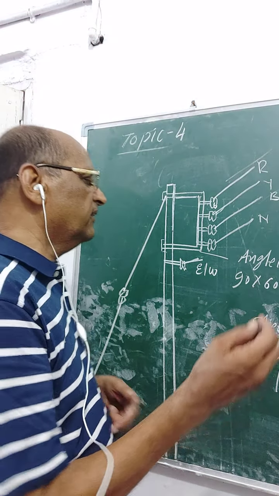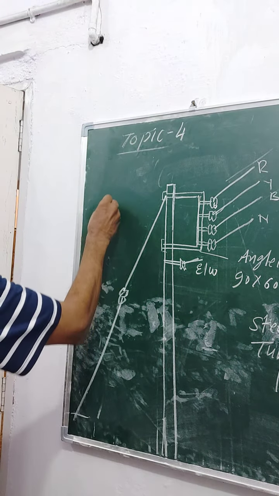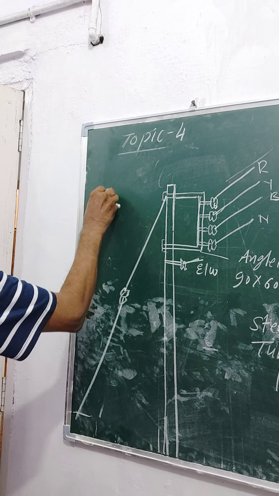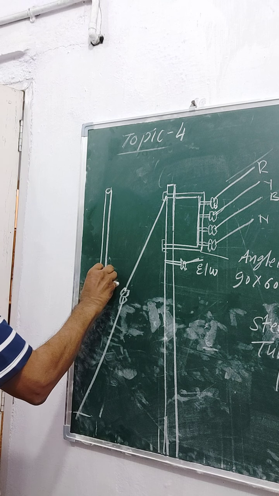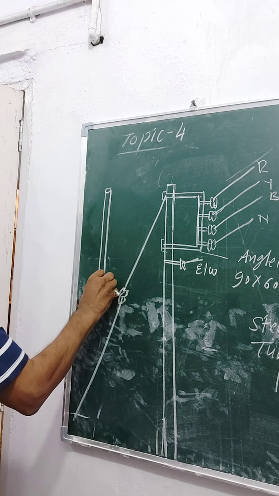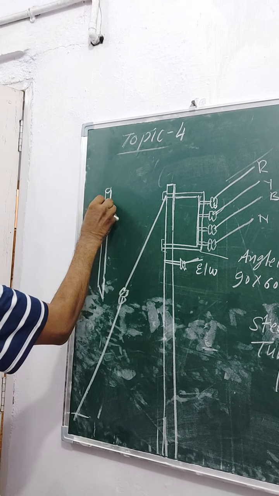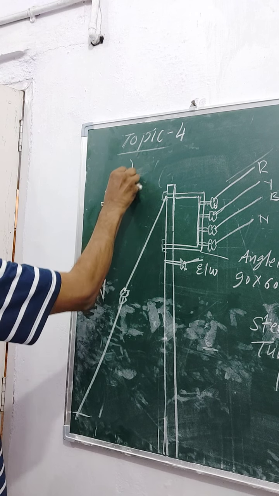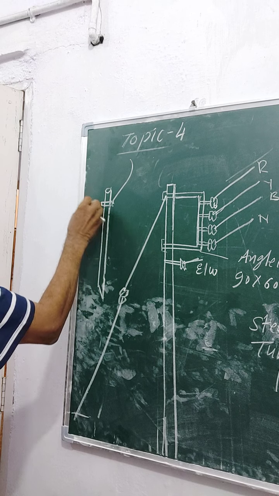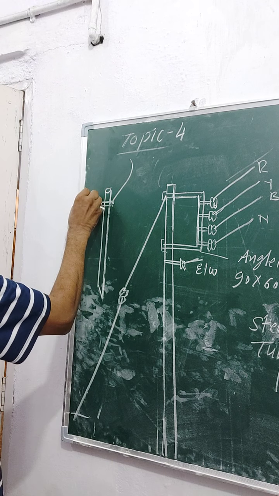Now what is in earthing? It is the simple pipe earthing you have studied in engineering drawing. So there is a 19 millimeter diameter pipe which is of this nature, and there is a clamp for this. So 8 SWG GI wire connects to this, and this whole pipe will go underground.